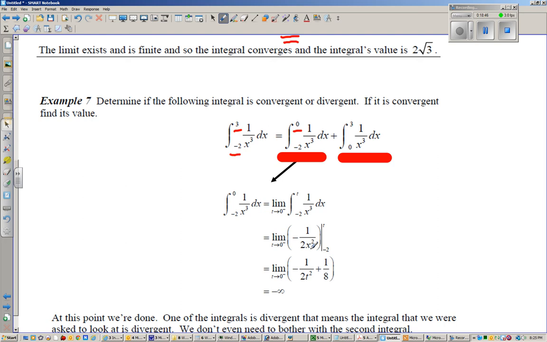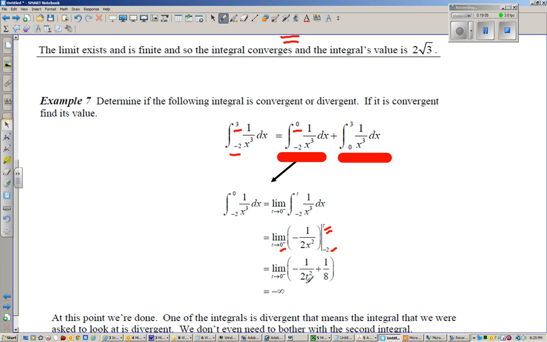I'm going to 0 from the left, from negative 2 to 0. I've replaced the upper bound with t, and now I'm thinking about what happens as t goes to 0.